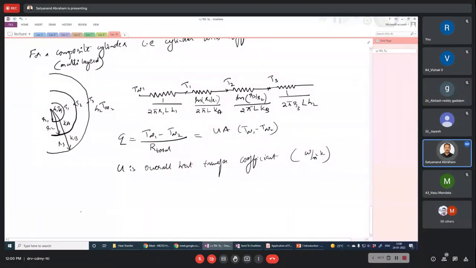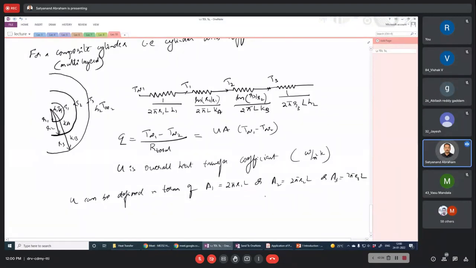Actually, we can take any area, defined in terms of A1 equal to 2 pi R1 L, or A2 equal to 2 pi R2 L, or A3 equal to 2 pi R3 L.